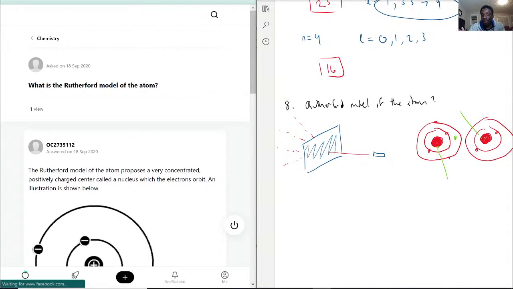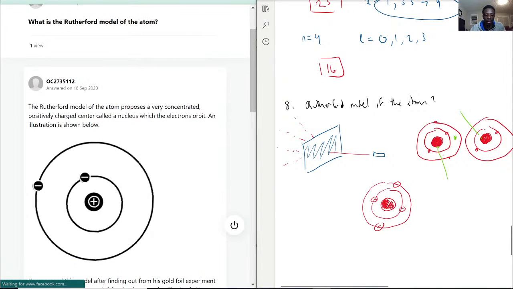And the important thing to note for the Rutherford model is that there is a larger concentrated nucleus surrounded by smaller tiny particles floating about it. And that is how we have the Rutherford model.